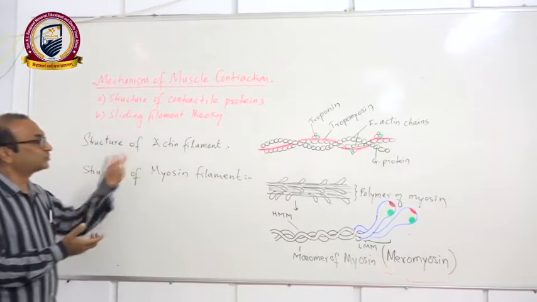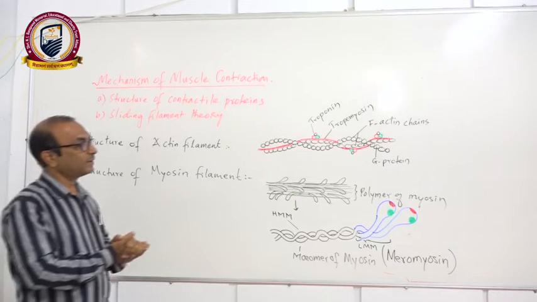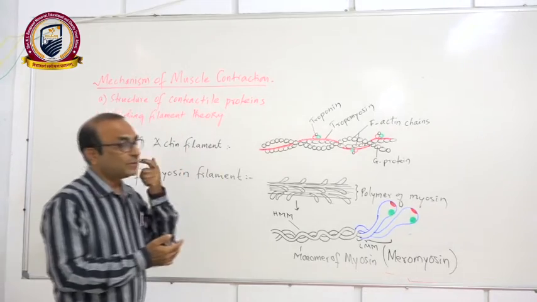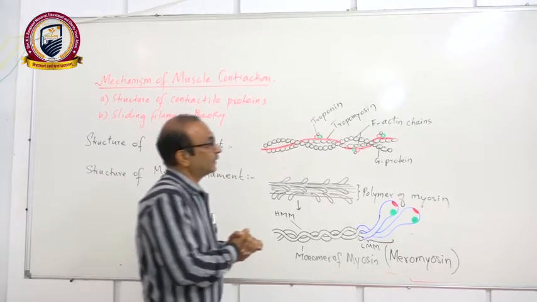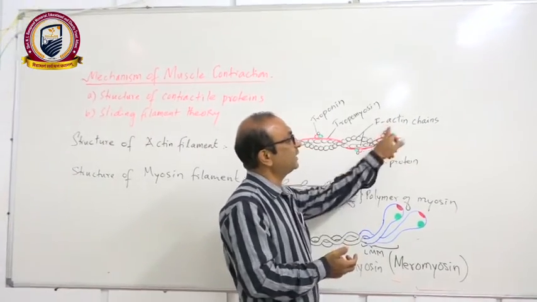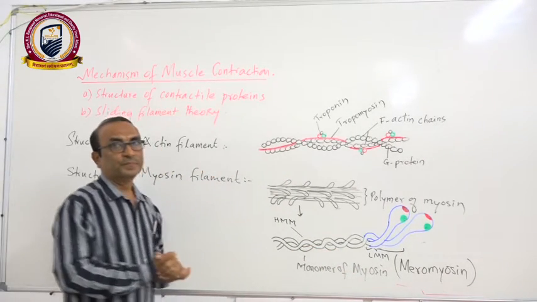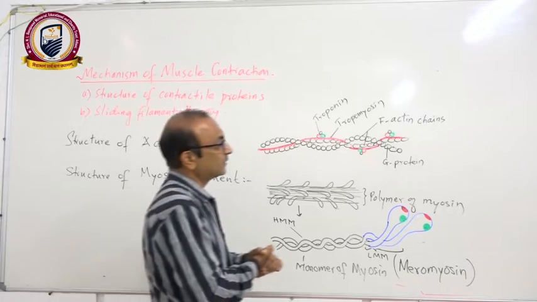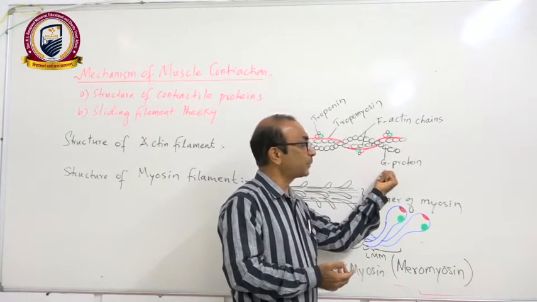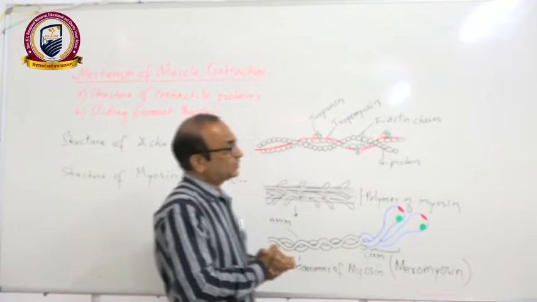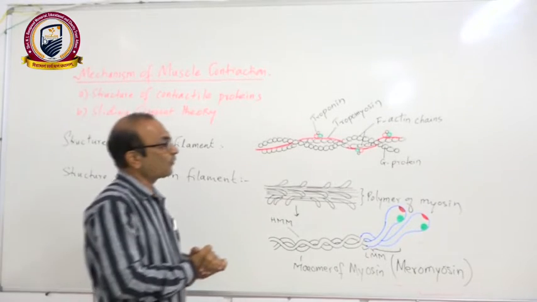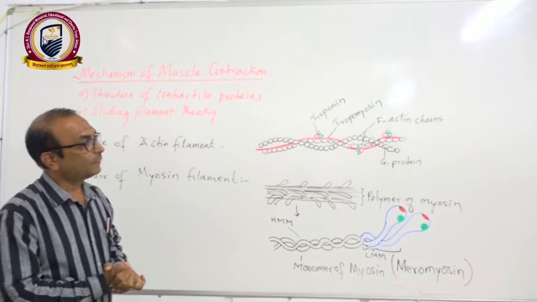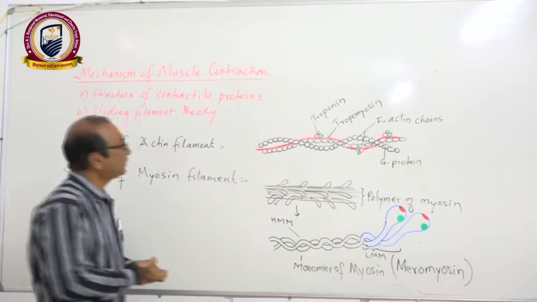Let us take up one such thin filament, the actin filament, and learn about its structure. It's a double helix made up of two chains called F-actin chains. These two F-actin chains are made up of a single monomer called G protein. The G proteins join together forming a long chain-like structure, and two such chains make up one molecule of the actin filament.